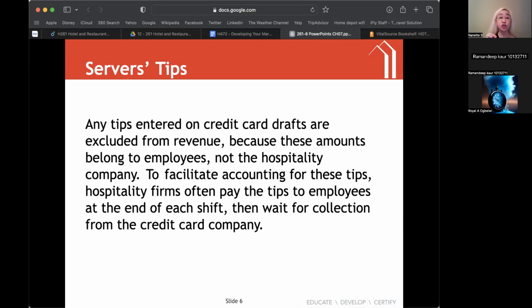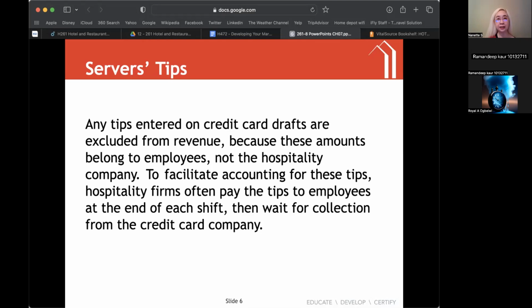Now, these are charge tips. So when you say charge tips, it is going to be added to their credit card bill. But since normally there is a period before you can collect from the credit card company, how are you going to pay for the tips? Because the tips don't belong to the company, they belong to your staff, right?